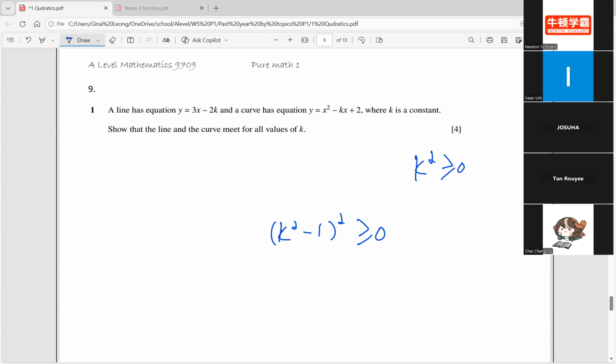But when you have k square plus 1,600, then it must be bigger than 0 because you have the value here. But when you have no value over here, that means we have no c over here. Okay, then we can put equal sign. So that means k square minus 1 square or more than or equal 0. Okay. So this is the mistake, you change it. You get what I mean, Isaac?